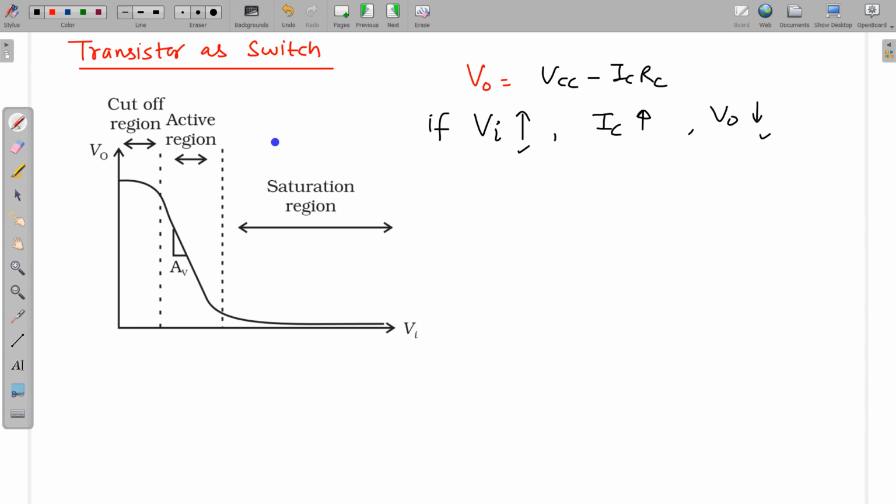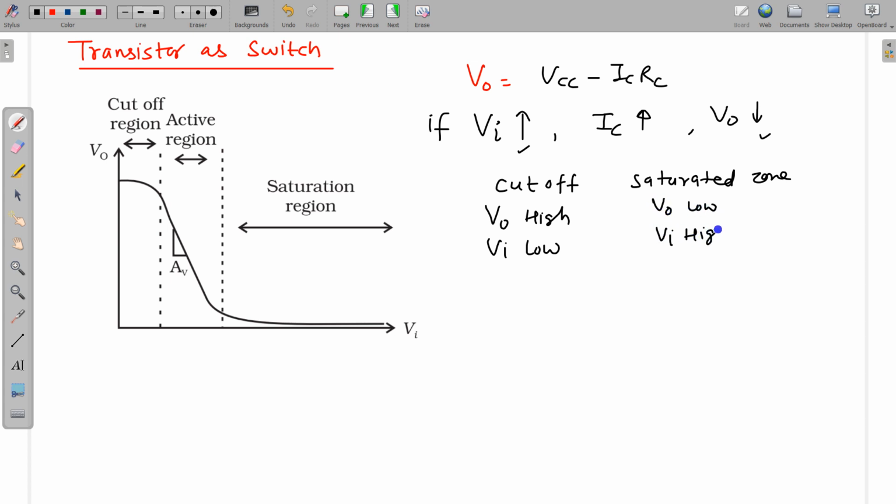So how is the transistor acting like a switch? If we operate the transistor in cutoff and saturated zones, in the cutoff zone, V output is high and V input is low. In the saturated zone, V output is low and V input is high.